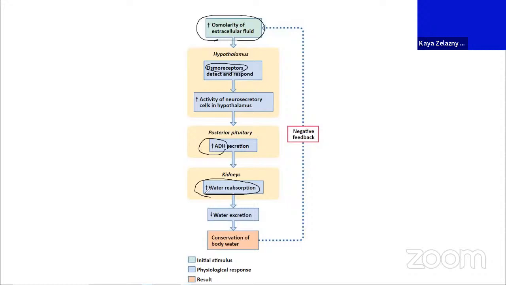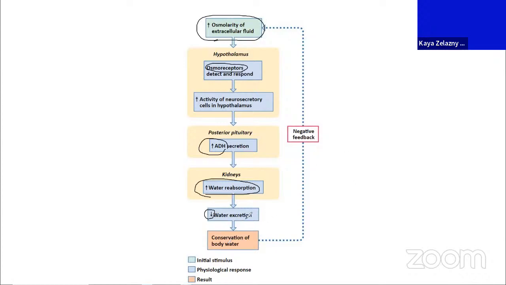So in terms of excretion, what actually leaves your body, you're going to urinate less. You're going to lose less water because we pulled it back into the blood. And overall, this means we're going to be conserving body water. We're going to be keeping all the water that we have in our body. We're going to keep it in our bloodstream if we can.